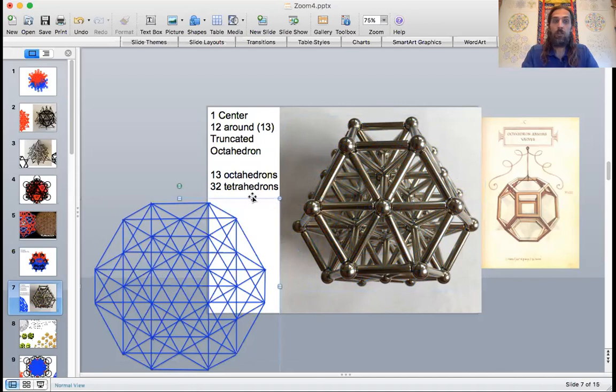Those numbers are really neat, because the previous form that I showed you, the pointy one with all the 7 star tetrahedrons, had 32 tetrahedrons also. So they both have 32 tetrahedrons, and you're going to see why that's significant in just a moment.